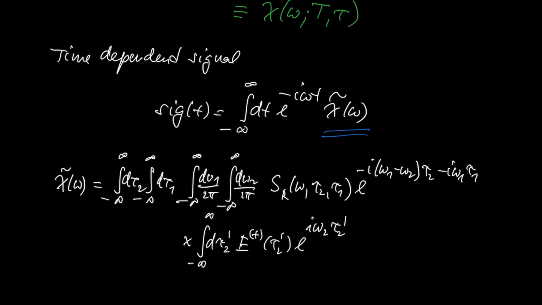So this is how we handle the e plus, and e minus would be handled by this Fourier transform. This is tau 1 dash e to the power of minus I omega 1 tau 1 dash.